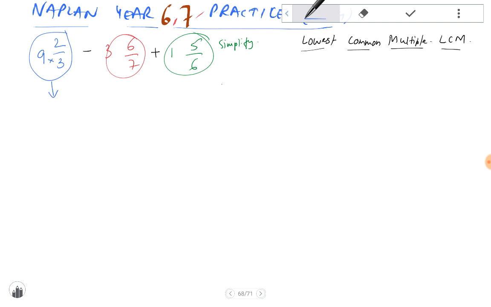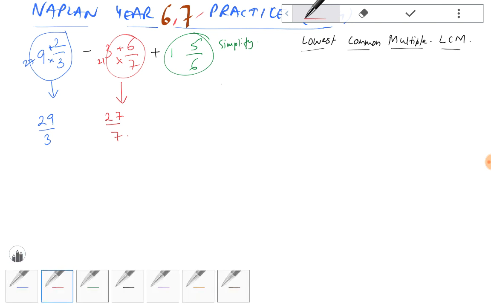Now, we know how to solve this fraction. We simply multiply 9 times 3, which is 27, plus 2 will give us 29 over 3. In this case, we will multiply 7 times 3, which is 21, plus 6, which is 27 over 7.